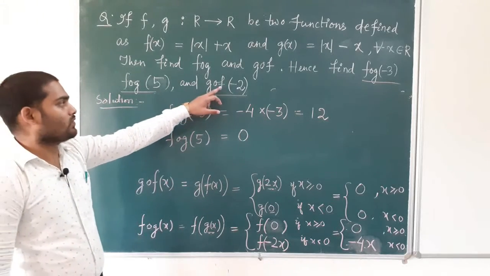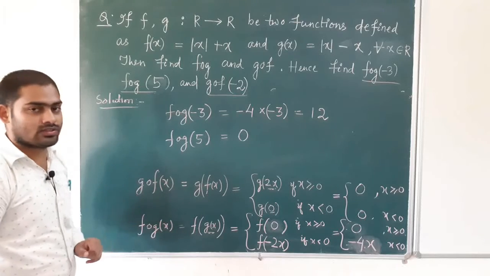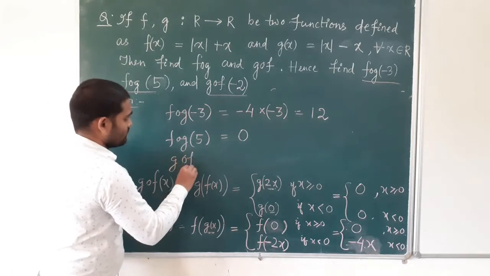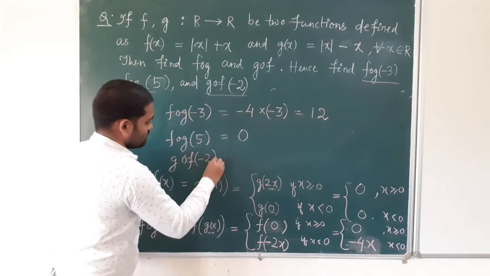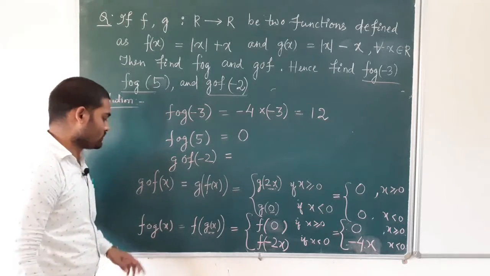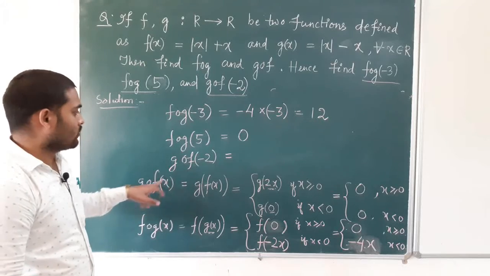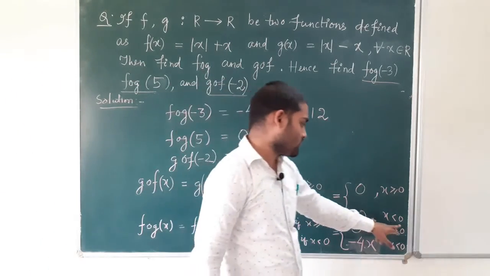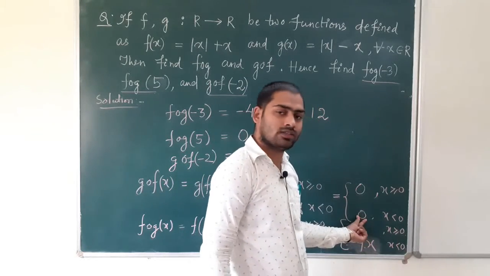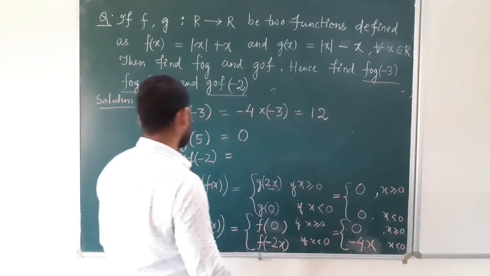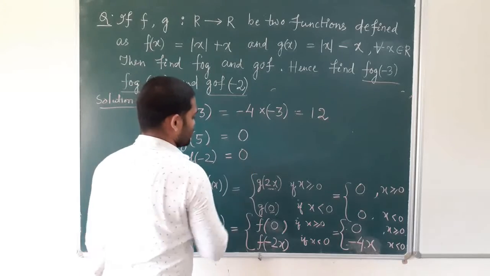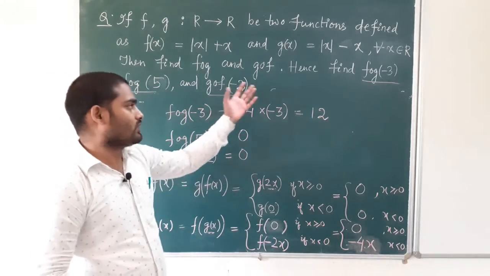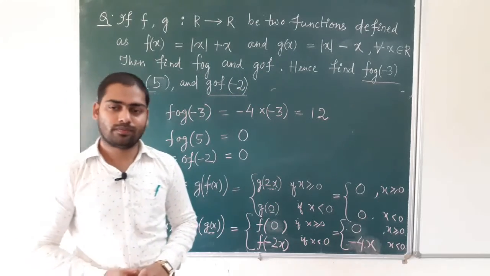Now gof of -2. When this x value is less than 0, then we get 0. So this is equal to 0. So you can find like this.